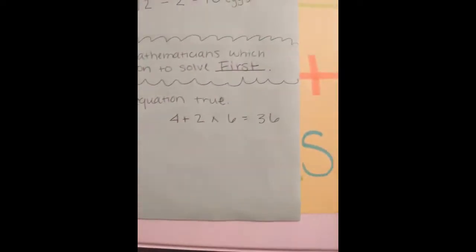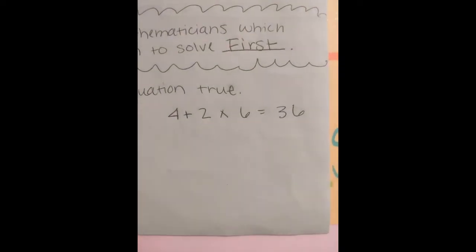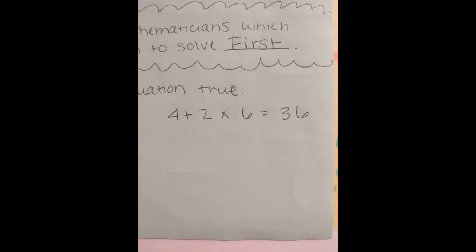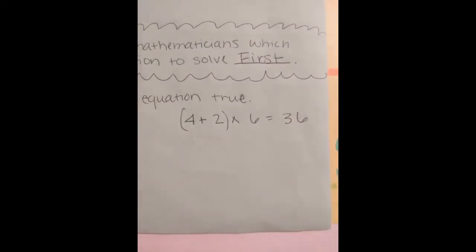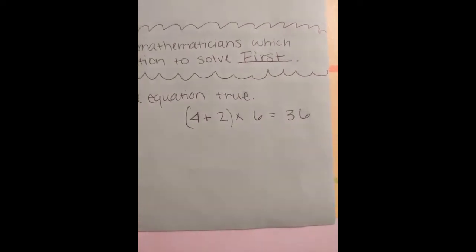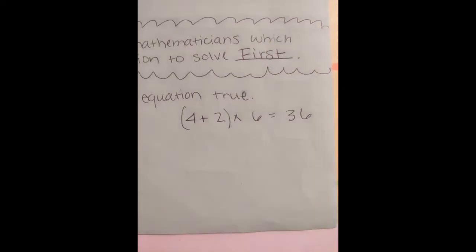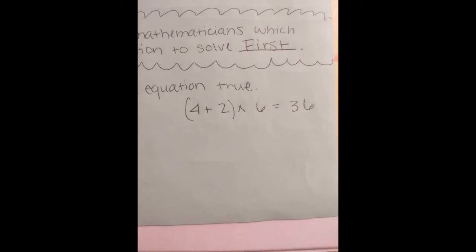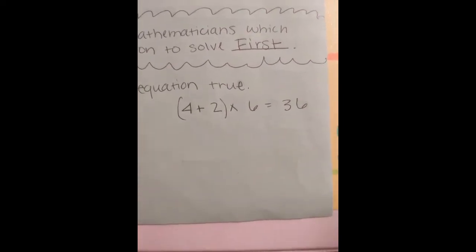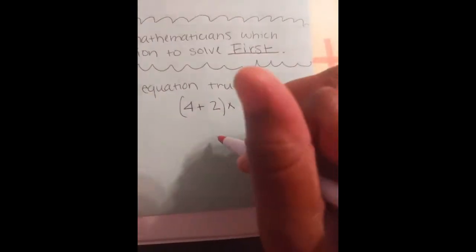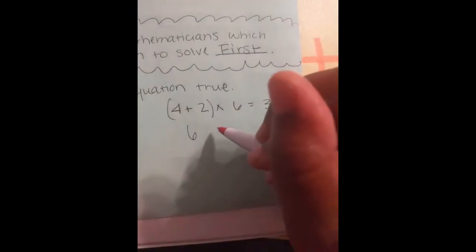So let's try again. Where do we need to put our parentheses to make this equation true? One of my friends said that we should put the 4 and the 2 inside of the parentheses. Let's solve and see if they're correct. So 4 plus 2 is 6. Very good.